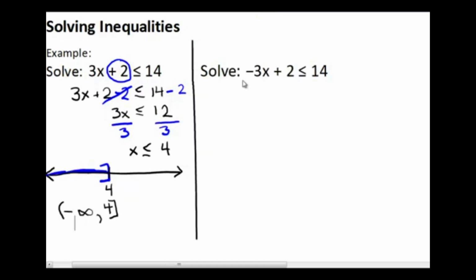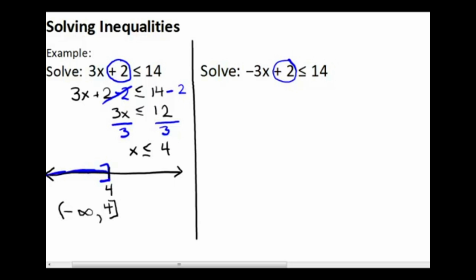I wanted to solve this one on the same screen so that you can see the difference between the two problems. The only thing that's different is this one has a -3 for the coefficient of the x compared to a +3. So if we're going to solve this problem, we're going to isolate the variable, and we'll go on the left-hand side with the x, and we'll take off the 2.